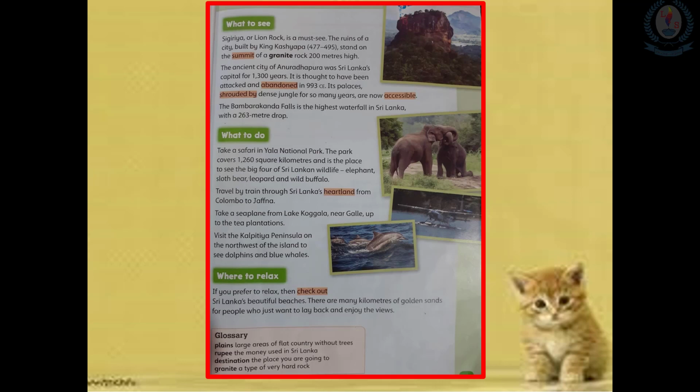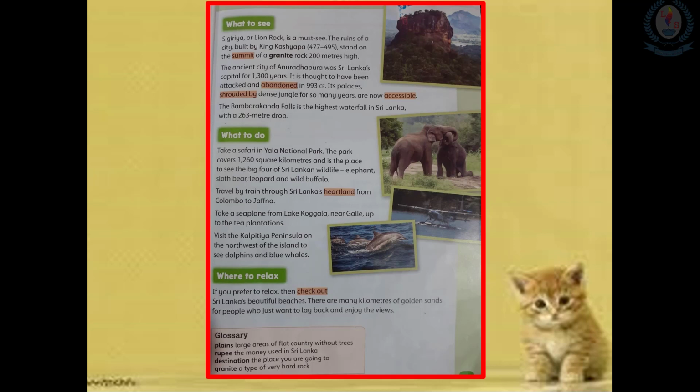And also he mentioned Kalpitiya Peninsula, which is very famous for whale watching, and there are dolphins also. So the writer mentioned some important places in Sri Lanka and how we can visit those places.